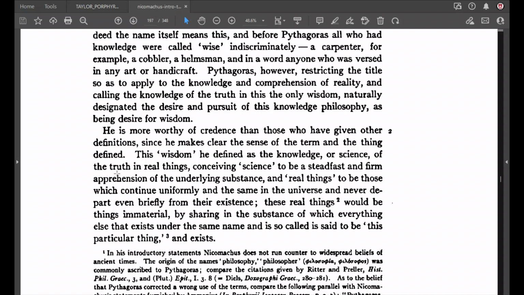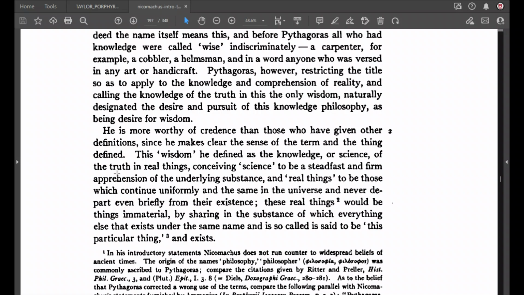Real things are those which continue uniformly, that is, without changing. Those things that continue uniformly and the same in the universe and never depart from their existence. Things that never change. Those are real things.